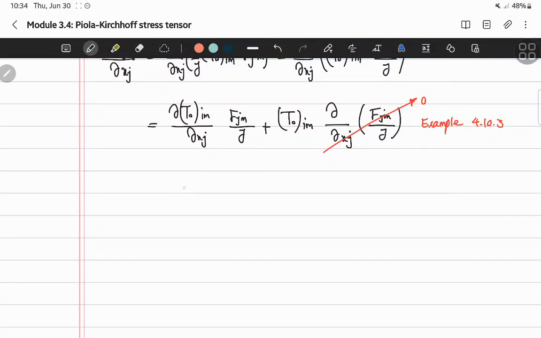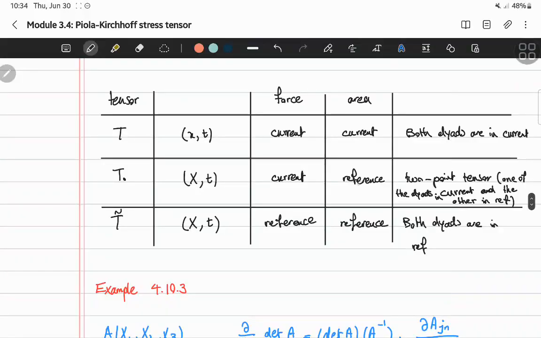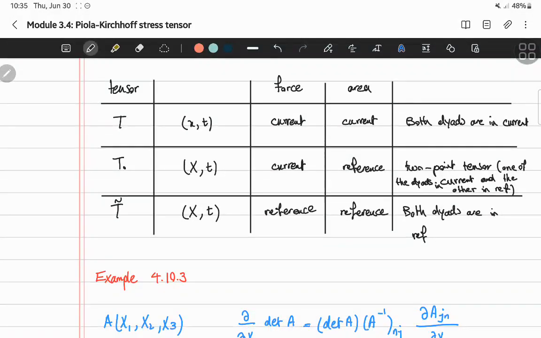So I can also write this as the partial derivative of T0 Im with respect to X, because I'm going to create this condition that T0, if you remember, one of the dyads, the dyad related to area, was in the reference configuration.